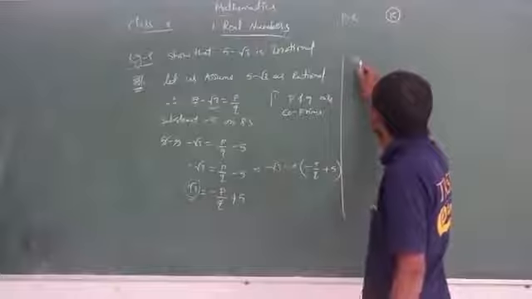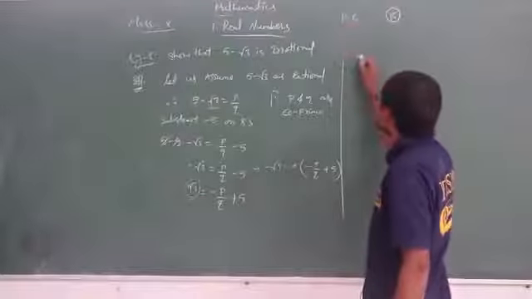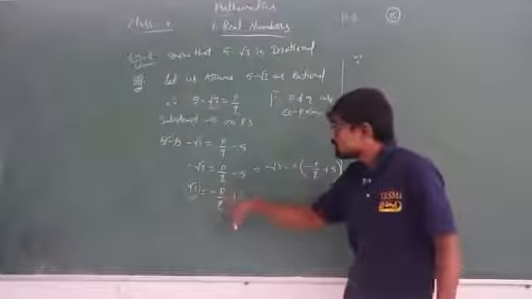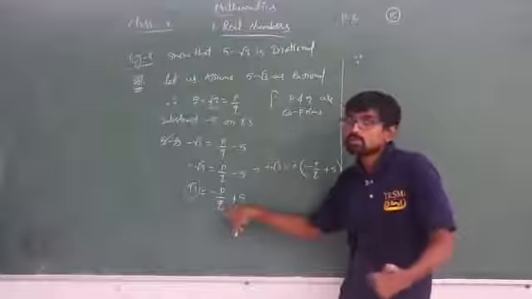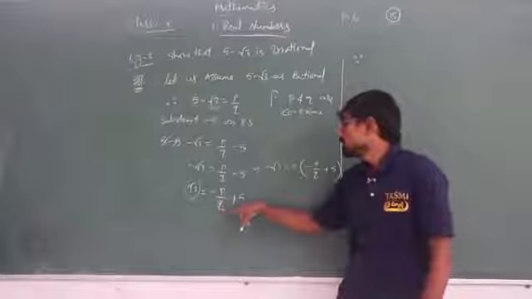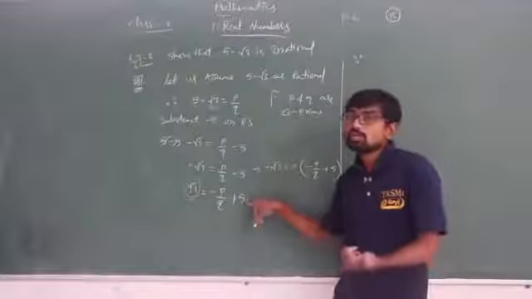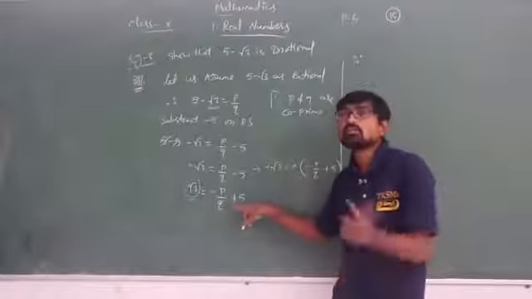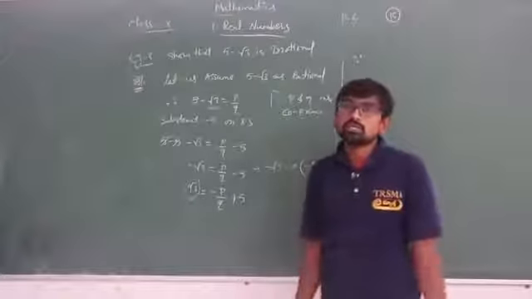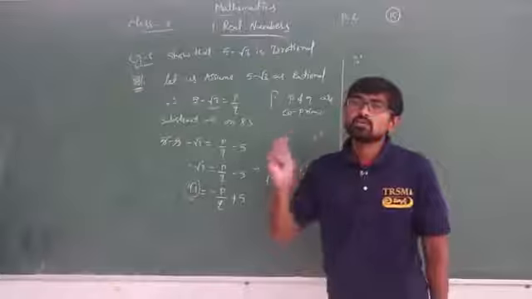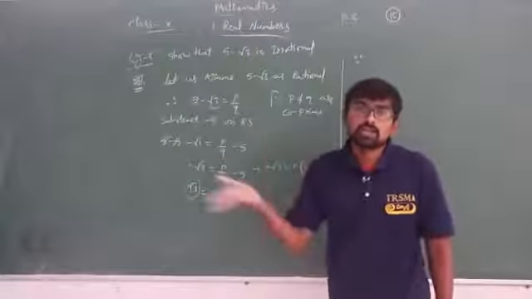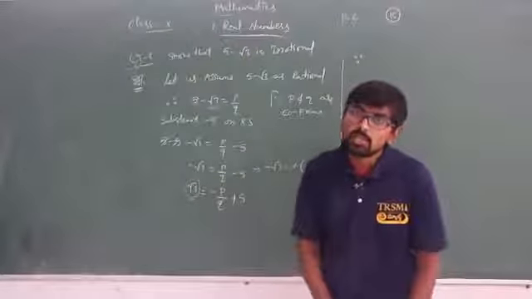Since you can see here P by Q is a rational number, yes, absolutely, P by Q is a rational number. Then if I add plus 5 to the rational number P by Q, can we get a rational number only? Yes. If we add any number to a rational number, we again get a rational number, isn't it?